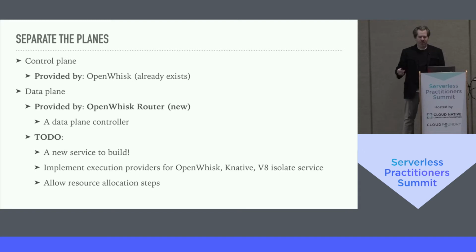And then to optimize the system for reuse, we want to allow the system to have its own notion of resource allocation that's independent of the execution providers, but available for these providers to use so that we can maximize the reusability of containers. Because ultimately, when we're talking about scaling to zero and then continued traffic, the reuse becomes the key component to minimizing latency and avoiding those cold start situations.